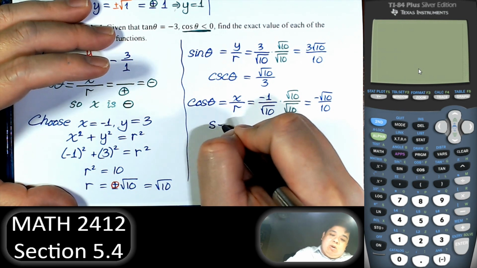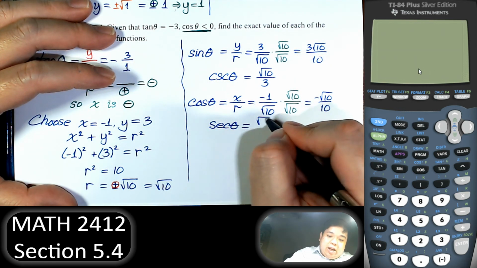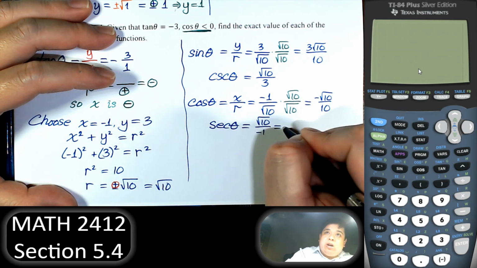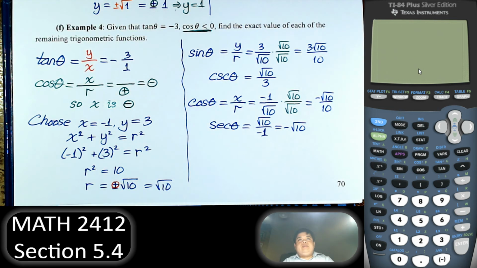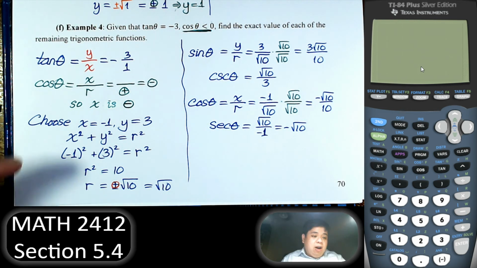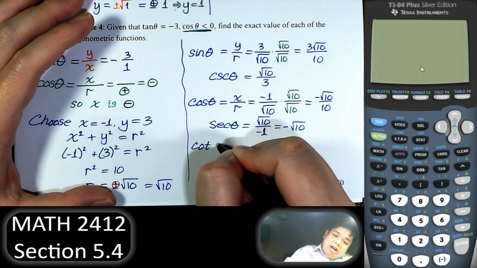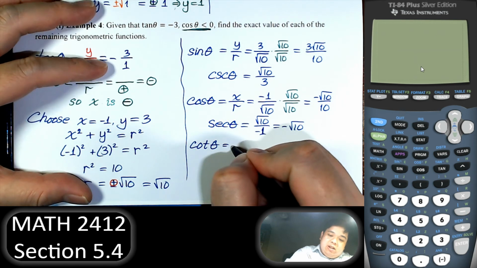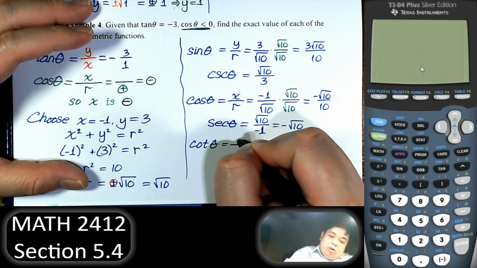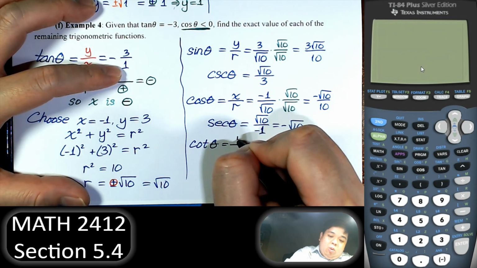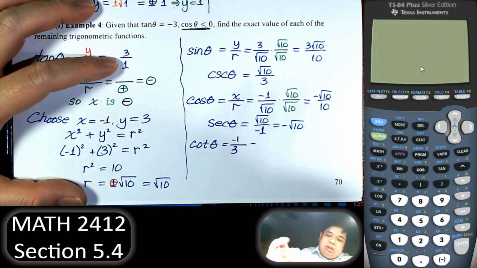And the reciprocal of that, secant, is going to flip: square root of 10 over negative 1, or negative square root of 10. And finally, we have tangent. So cotangent is just the reciprocal of that. Just going to flip negative 3, so negative 3 over 1, or 1 over negative 3, or negative 1 over 3. Yeah, just negative 1/3.